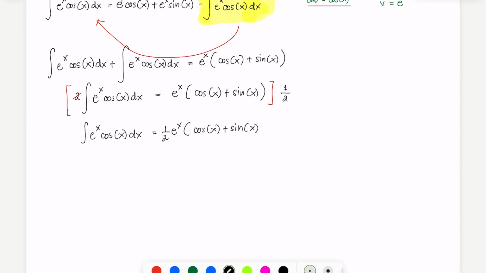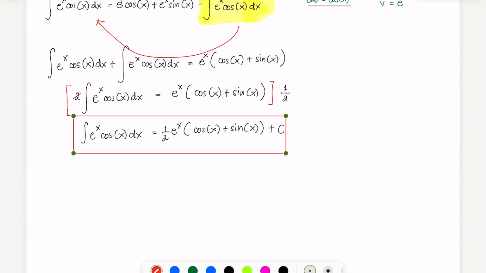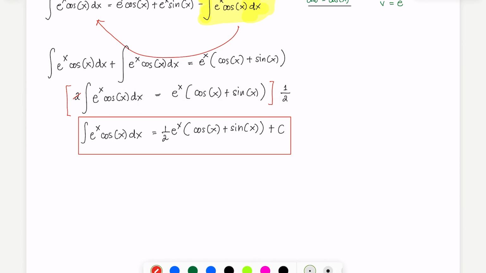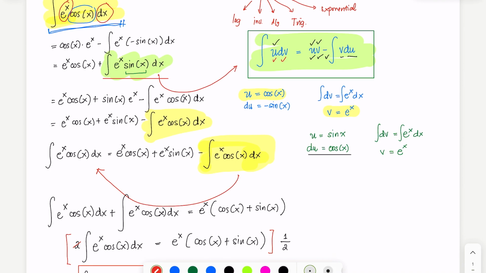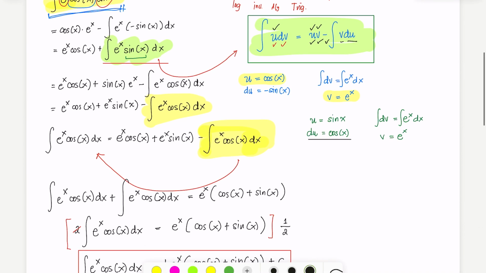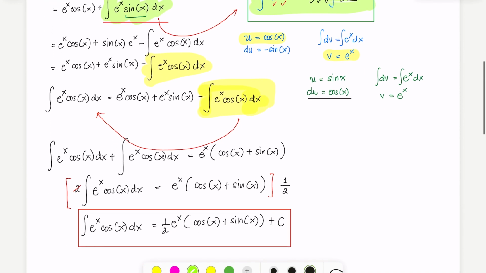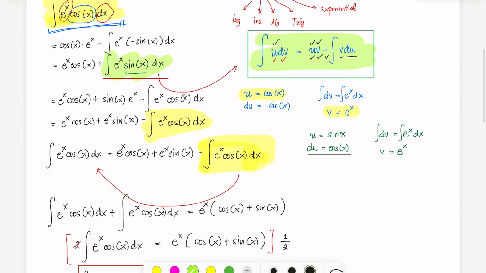Now remember the c that I mentioned earlier that I keep on omitting, so everything is subsumed under this plus c here. So this should be the solution for this integral using integration by parts. Now I'm just going to recall, you don't have to worry if you're seeing exactly the same integral again, just like what we did over here, because that's actually a good sign.